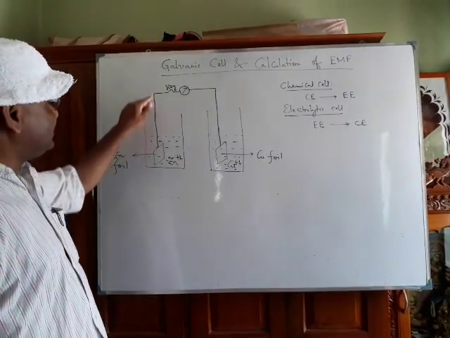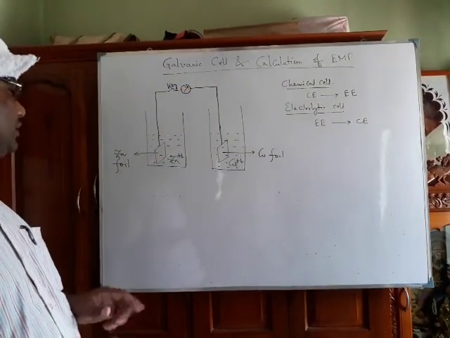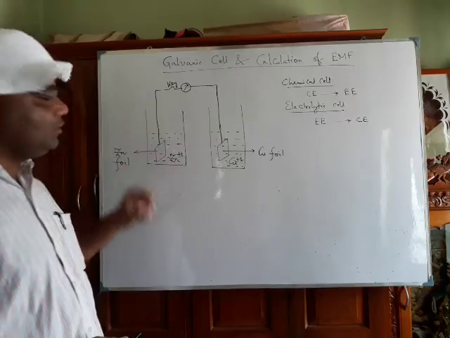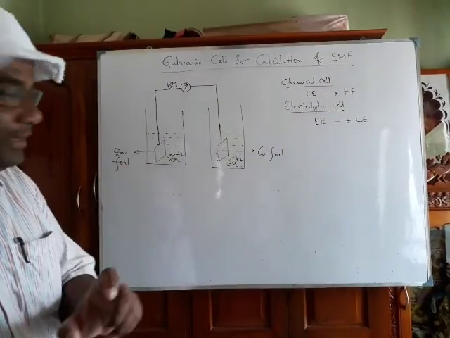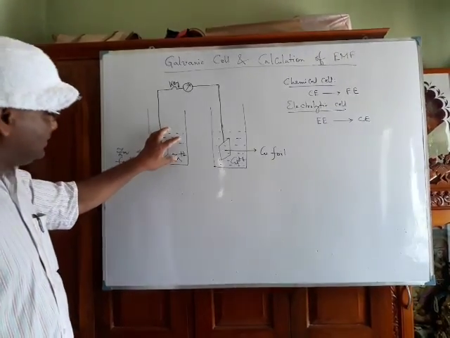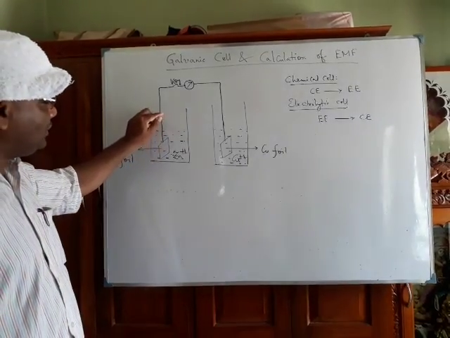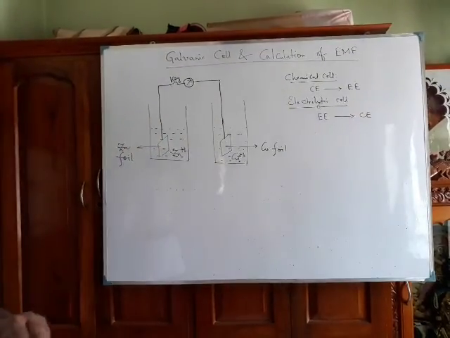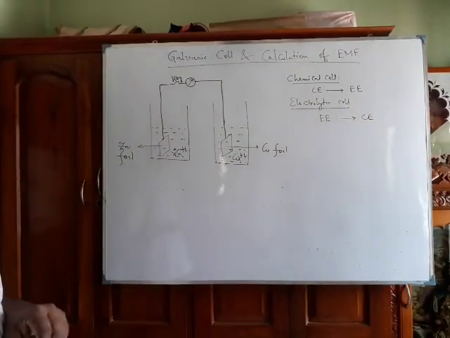Now, externally, if we join them, what will happen? A cell will be developed apparently. Why am I using the term apparently? Shortly it will be clear to you. Look, in the zinc ion solution a potential will be developed. Similarly, in the copper ion solution, a potential will be developed.